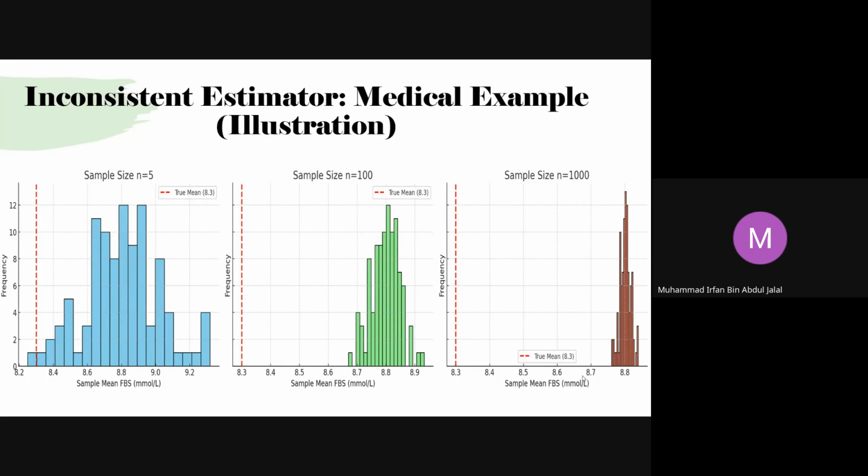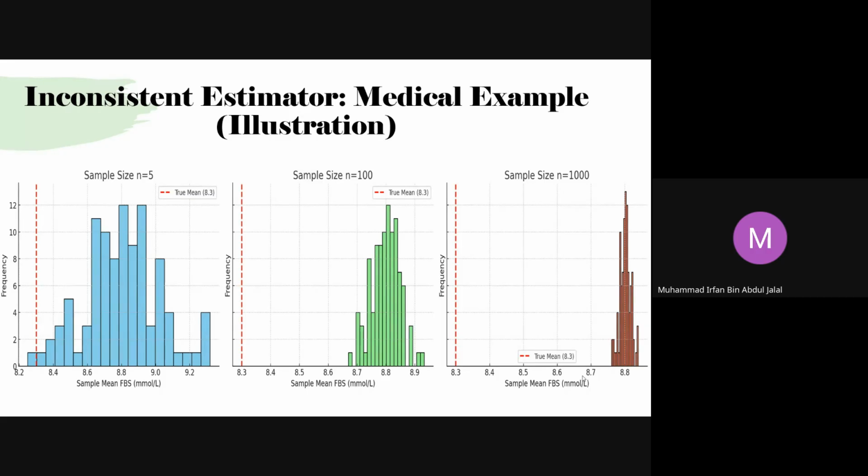So based on my analogy previously, it depends on the thrower of the darts. How skillful is the dart thrower, the person, that is unbiasedness. But consistency is based on the properties of the sample size.